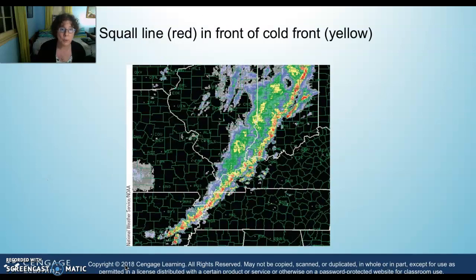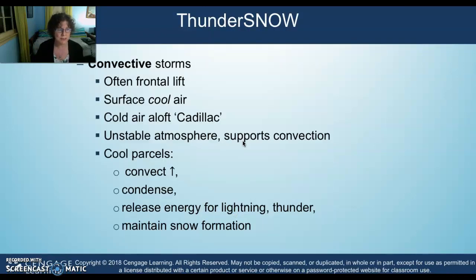So that's a squall line, which you notice here. There's the squall line. Here's the cold front. So the squall line tends to go out in front of the squall front, the cold front. We don't know a lot about squall lines. There's a lot of research that needs to be done.